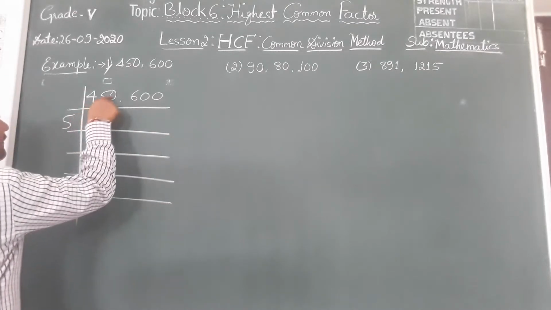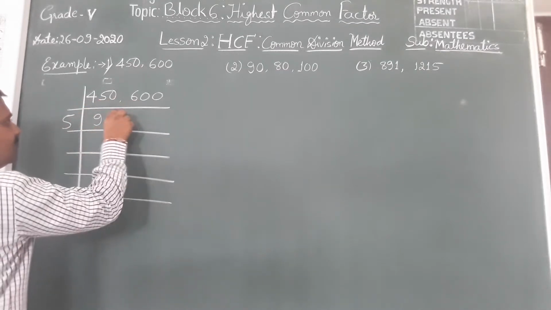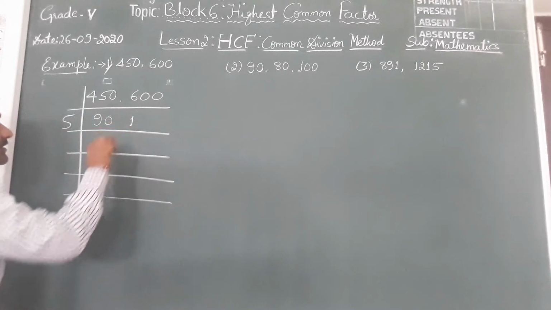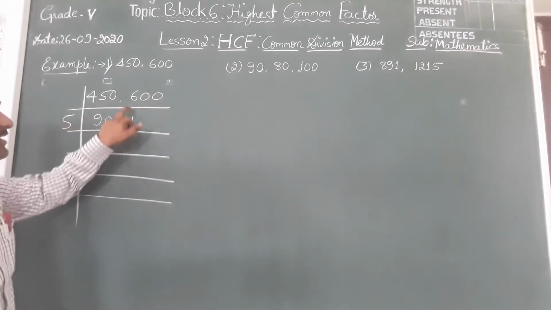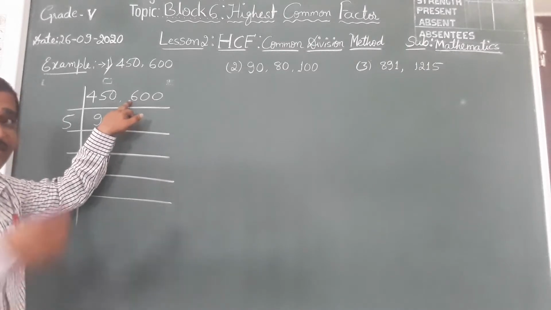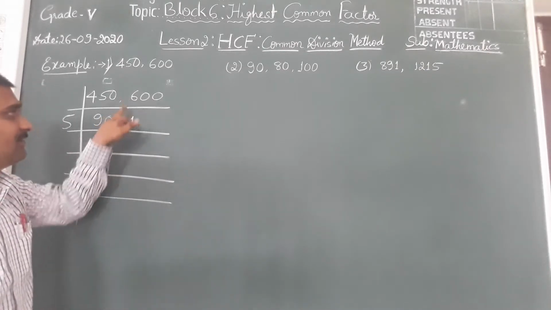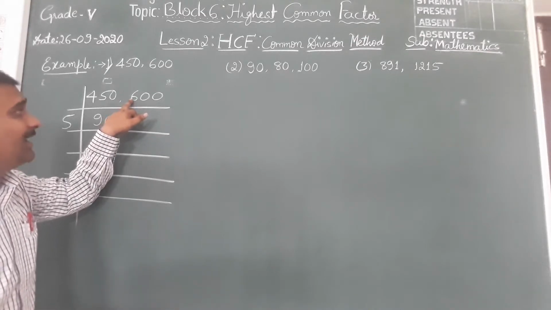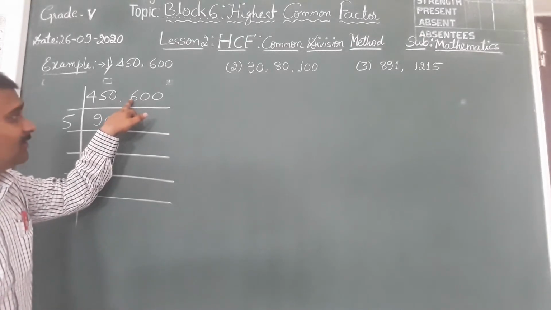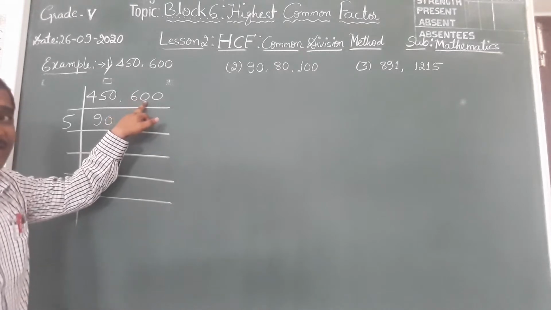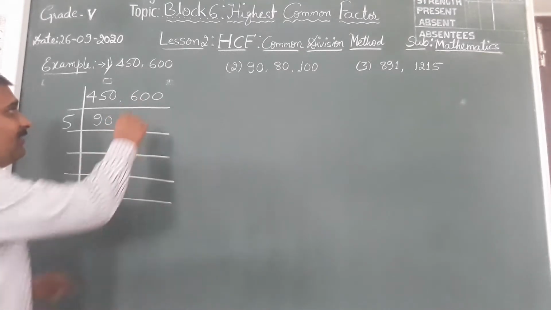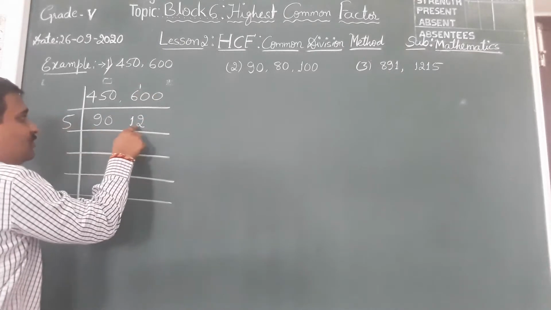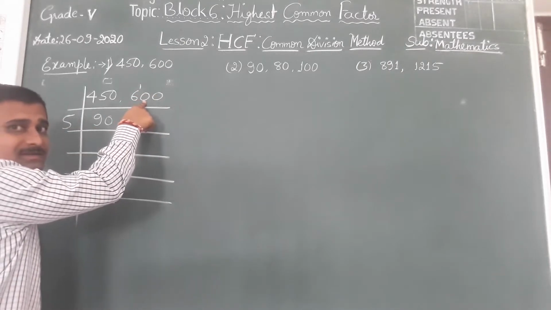Then 5 1s are 5. Out of 6, 5 gone. 1 remains. 1 and 0 becomes 10. 5 2s are 10. Right?